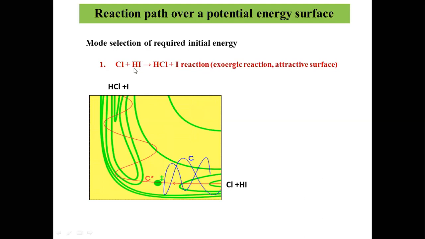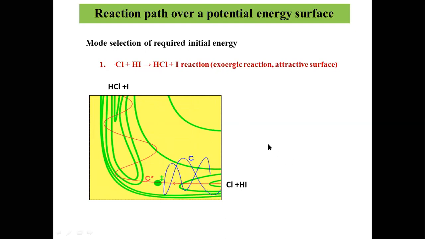So that was chlorine plus HI giving HCl. Now HCl has a much higher dissociation energy than HI, so this is going to be an exergic reaction. Right? So the reactants are here, and the products are here, and this is the reaction part we're going to look at.